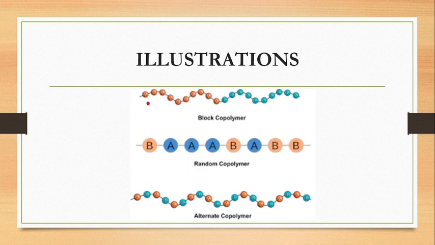Okay. How many blocks are you able to see in this structure? Okay, so the block is made up. Now, when we say this is the A block, we mean this chain of the A monomer units right there.